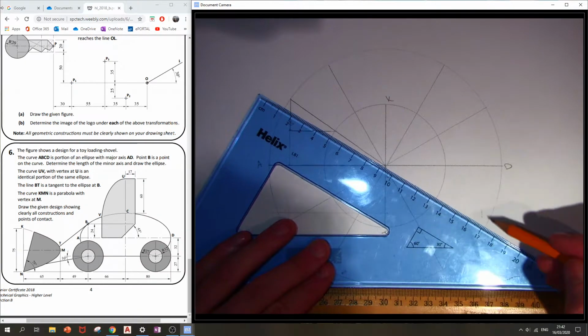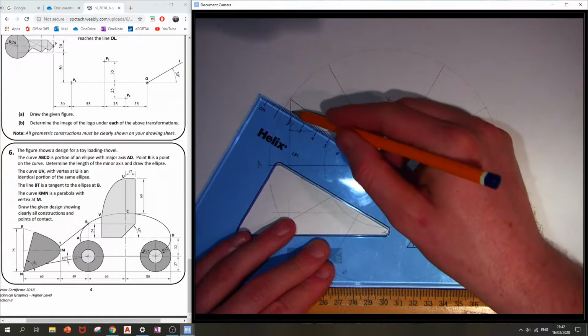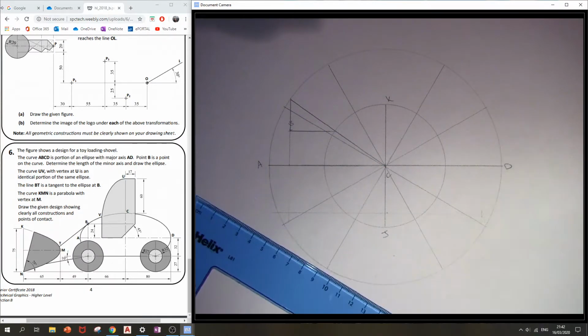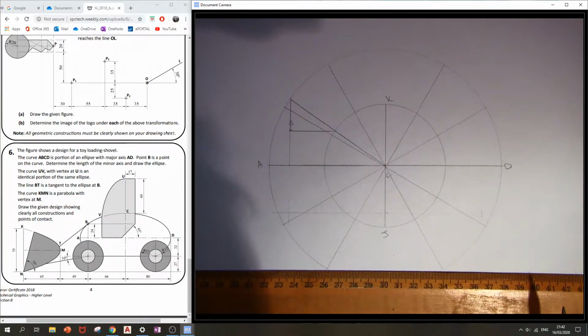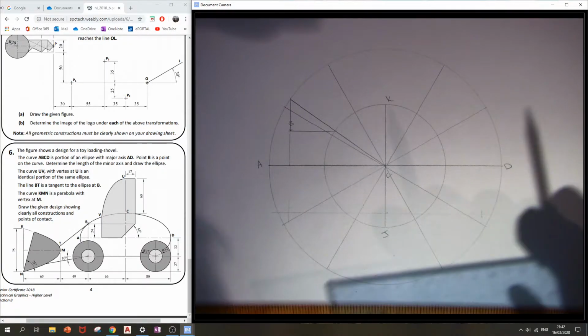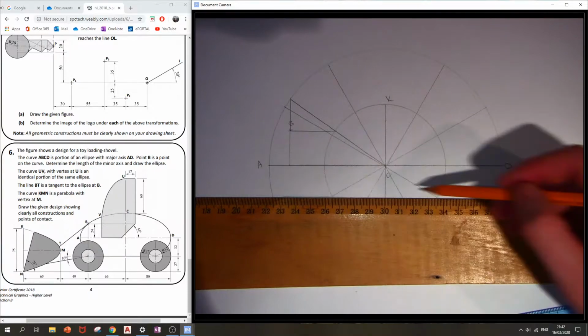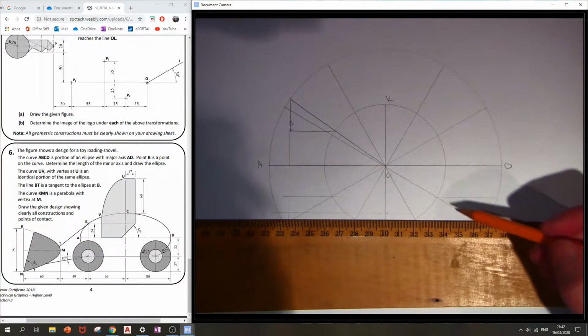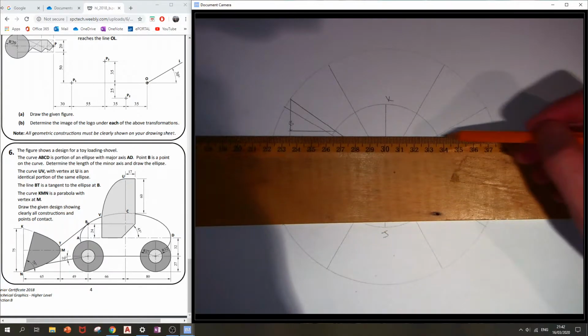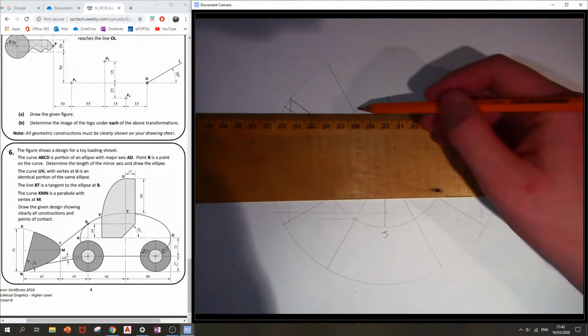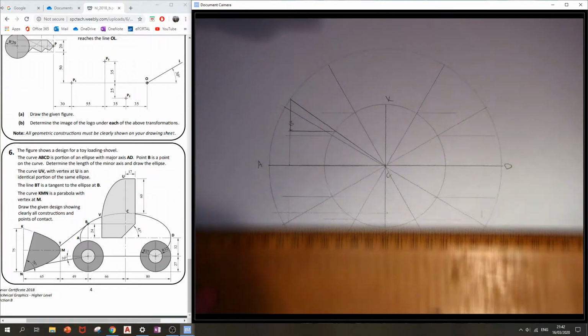So again, lads, this is the same principle as when we're drawing any ellipse. Okay, we're coming out from them.